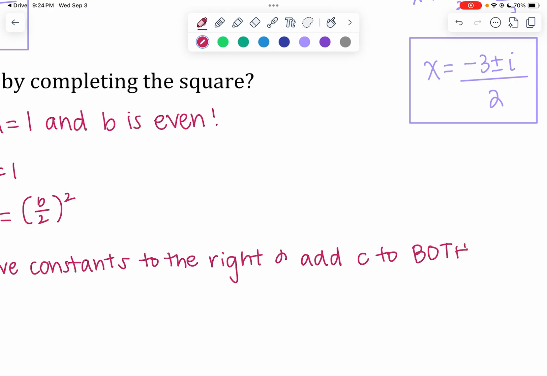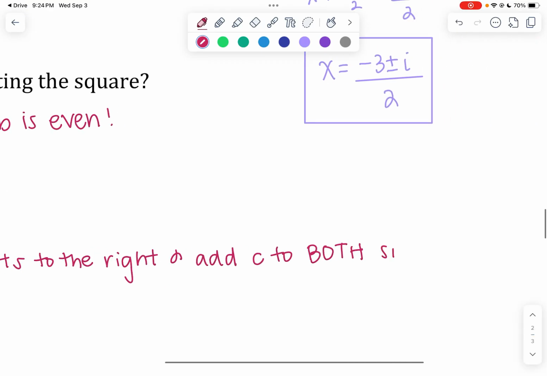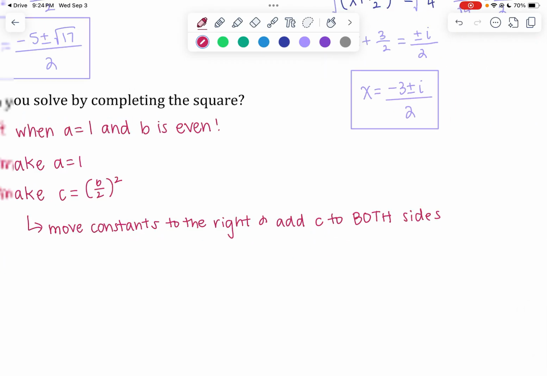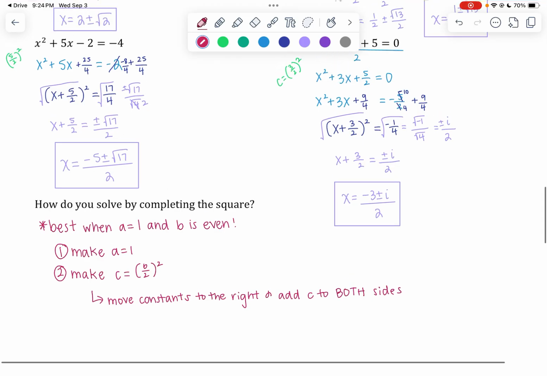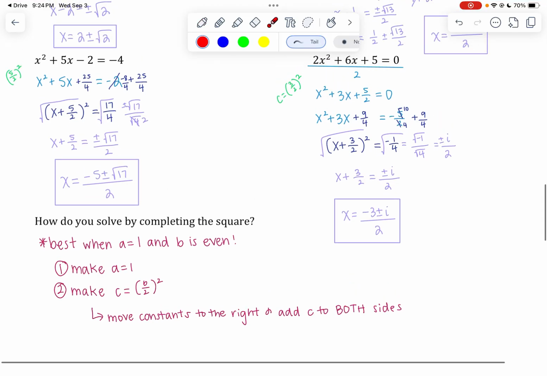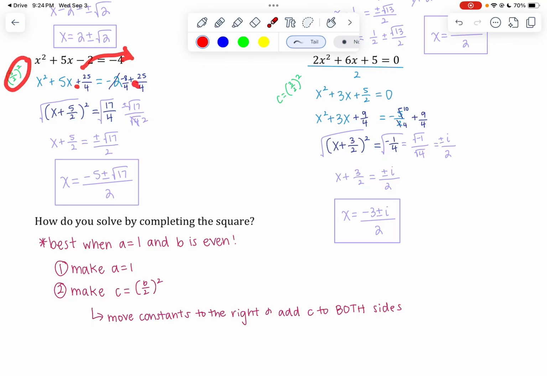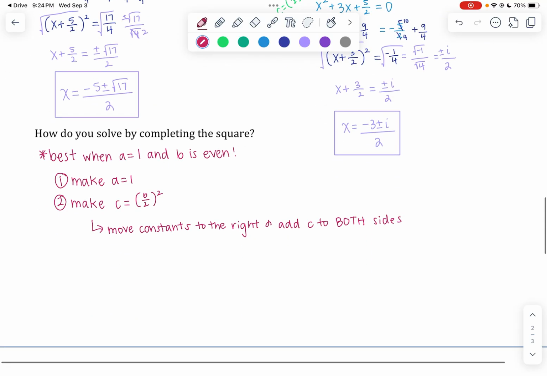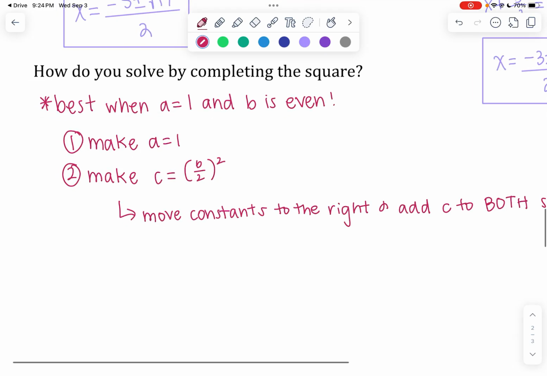Emphasis on both sides there. And that just goes back to right here. I moved my constant, so I moved the negative 2 over to the other side, I added 2, and then I found my c value, I made c, right, and I added it to both sides, okay? After you've done that, you've made a PST. So you've made a perfect square trinomial, so factor your perfect square trinomial.